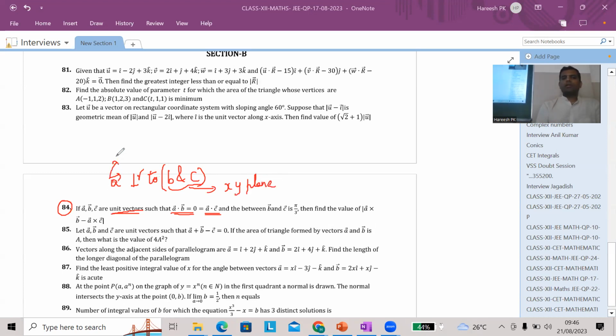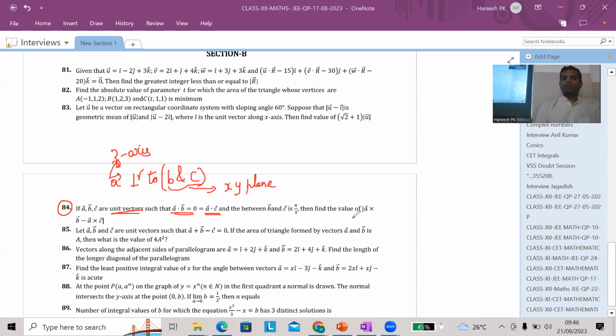So A should be along the Z axis, because if B and C are in the XY plane, A has to be along the Z axis, only then it will be perpendicular. Isn't it? So now, how do we proceed with this question?